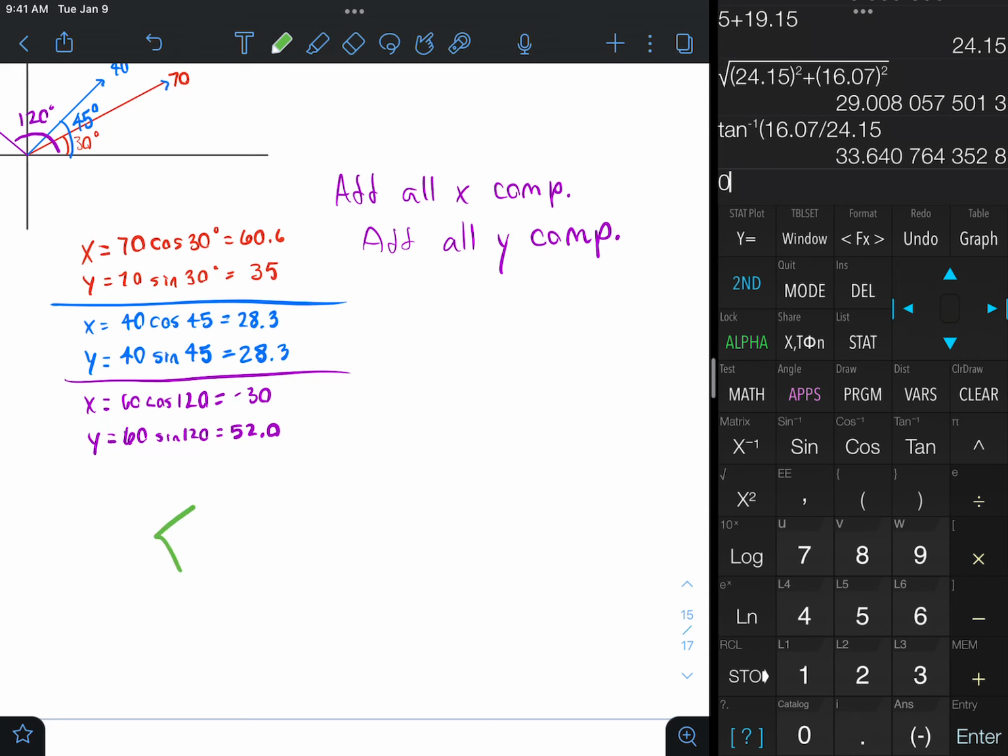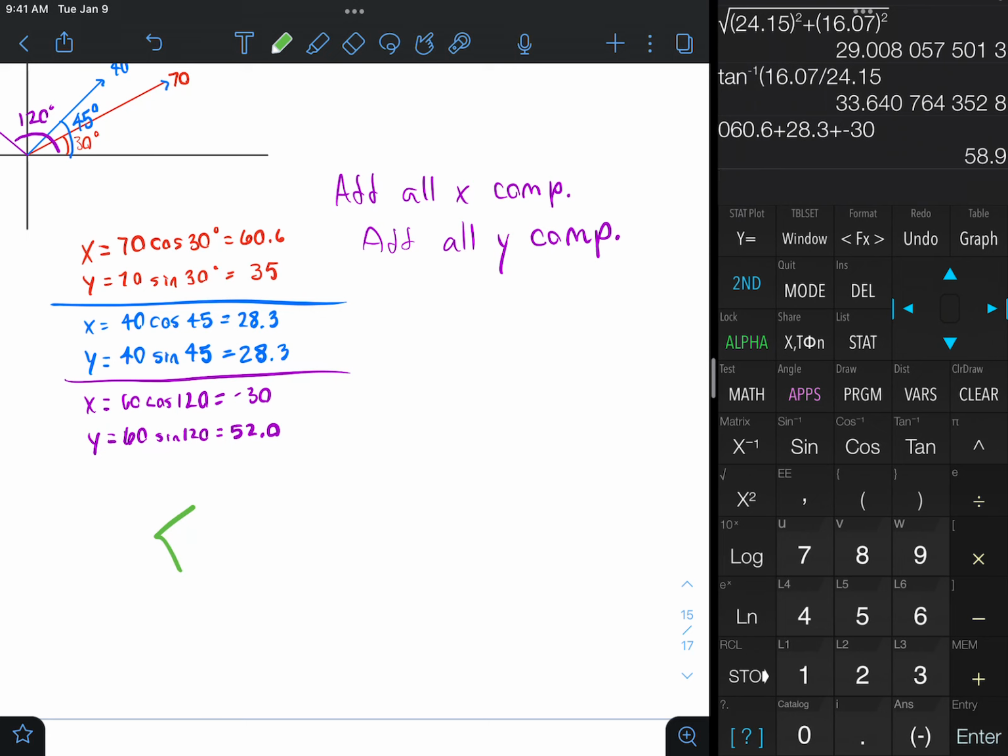So for the x part, we're literally going to go 60.6, plus 28.3, plus the negative 30, or really, you could write it as minus 30. You should get 58.9. And when you add up the y's, the 35, the 28.3, and the 52.0, you're going to get 115.3.